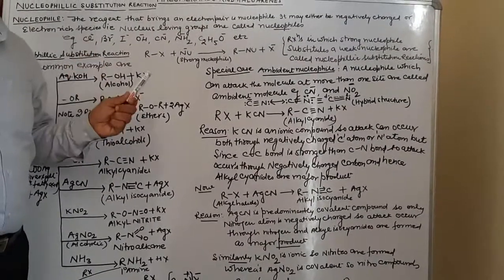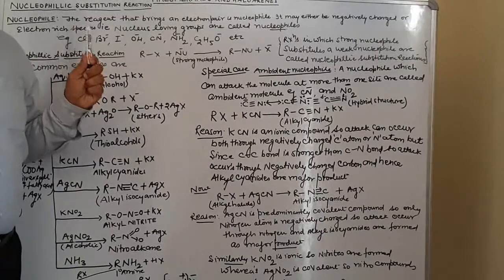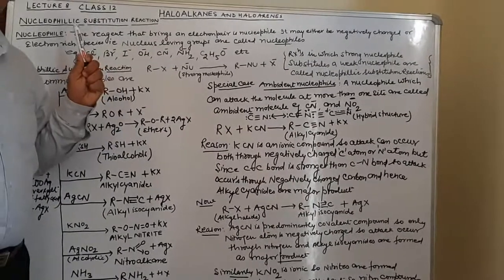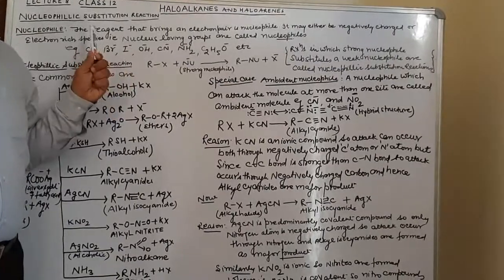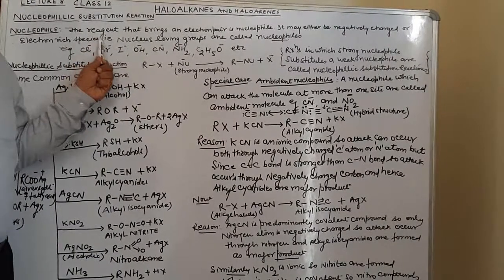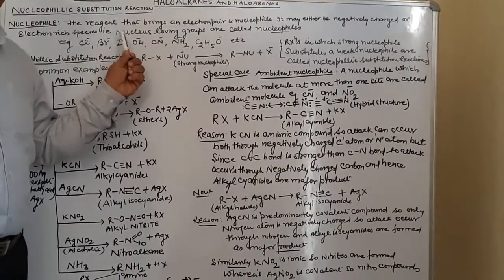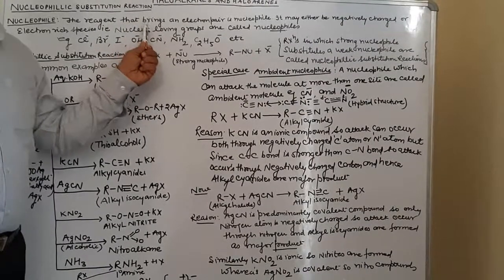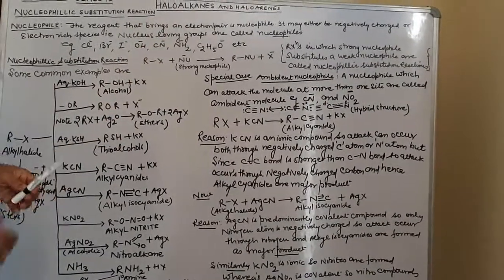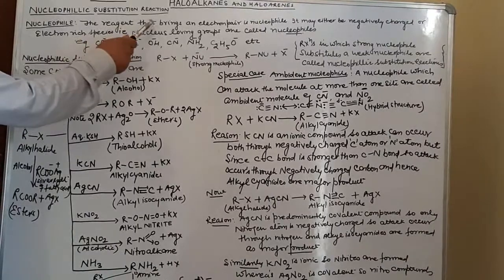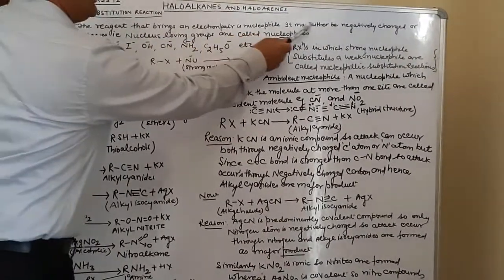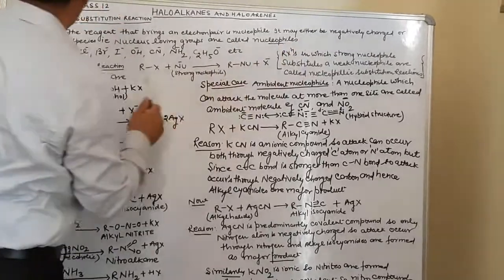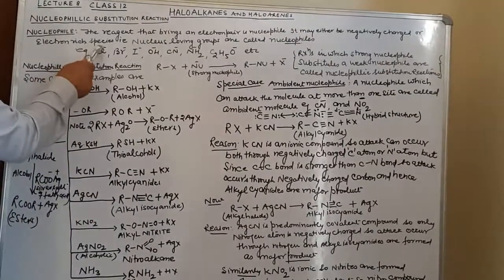nucleus loving species. They attack the center of low electron density. That means they must either be negatively charged or species with a lone pair of electrons. So the reagent that brings an electron pair is a nucleophile. It may either be negatively charged or an electron rich species.